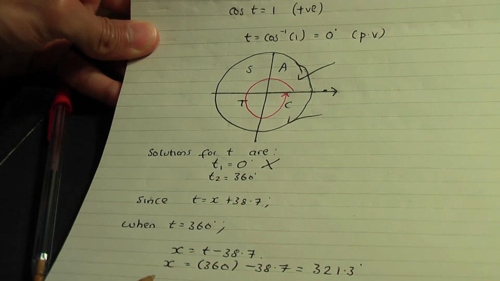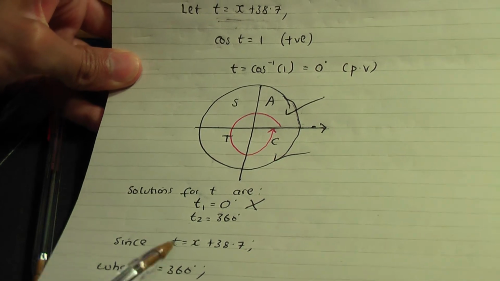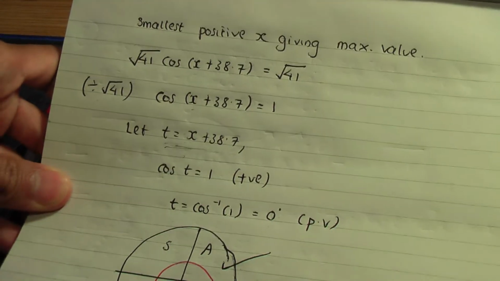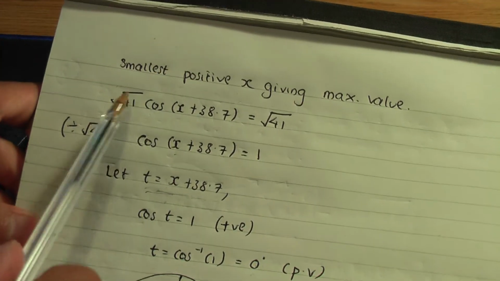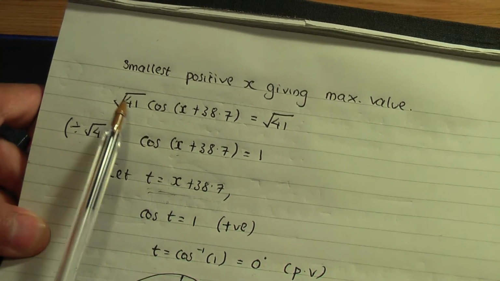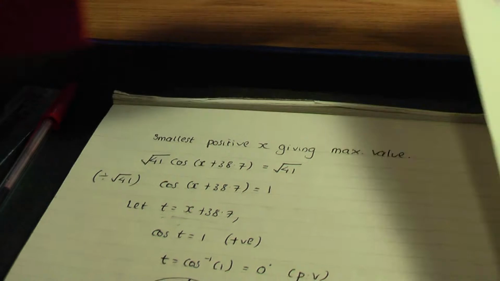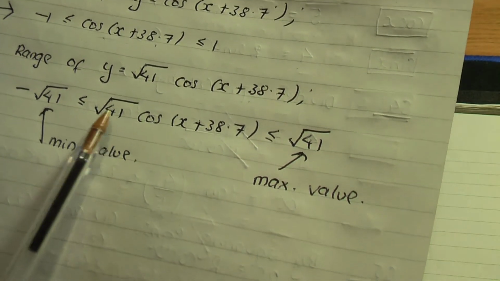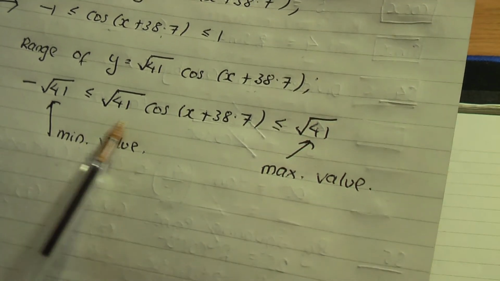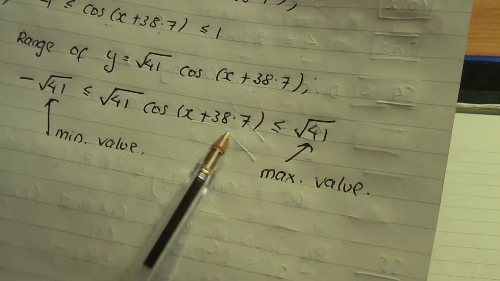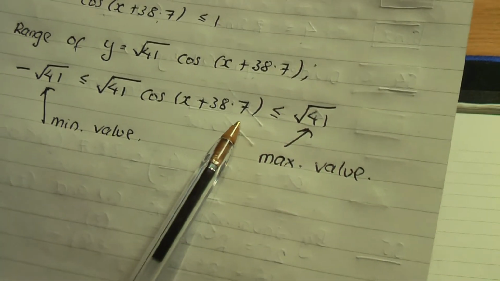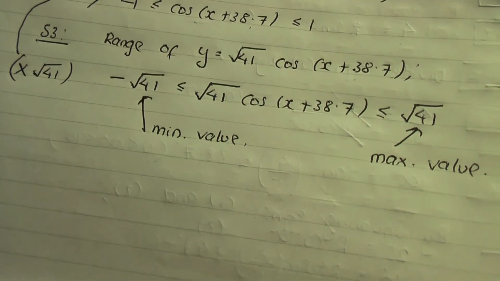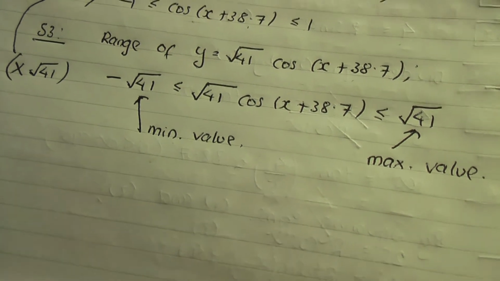This also works if you want to find the smallest positive x given the minimum value. The steps are identical, but the only difference is you're going to be replacing. So if I go back to the previous page, you're going to equate the center expression in your inequality to the minimum value, and solve that equation to find the smallest positive x.